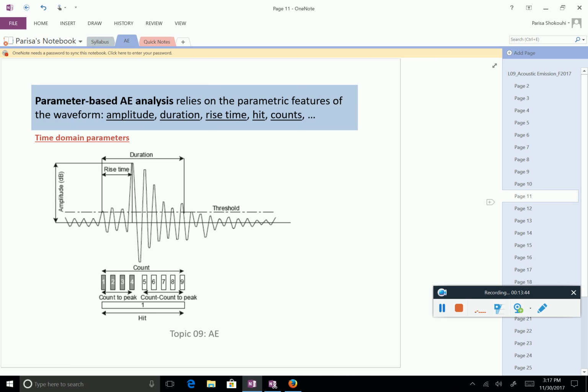When we were doing acoustic emission, we were not collecting the whole waveform. So this is an example of a burst. In the old times, of course, the sampling rate was low, so that's why it looks very strange. But the acquisition was not very fast.